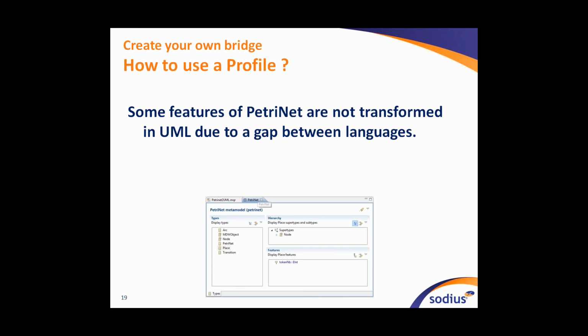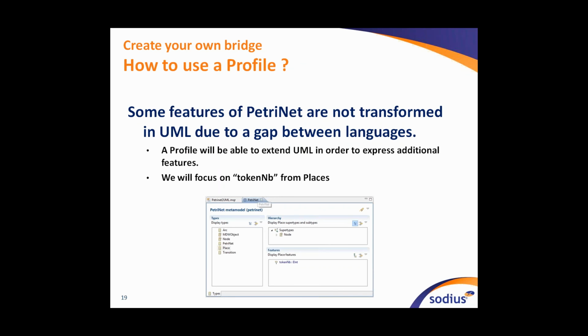And here, if I keep the transformation like this, some features are not transformed in the UML due to a gap between the languages, because the state in the UML model does not have the numbers of token attribute. So I will use a profile to extend the UML in order to express the additional feature. So like I said, we will focus on numbers of token place.